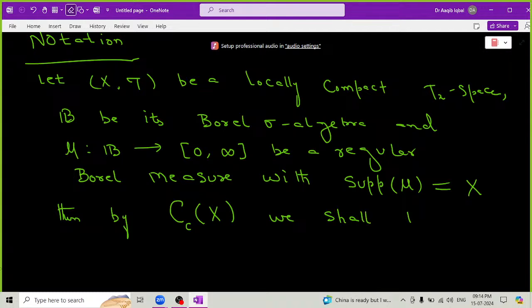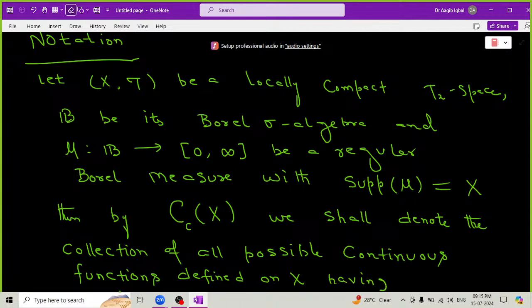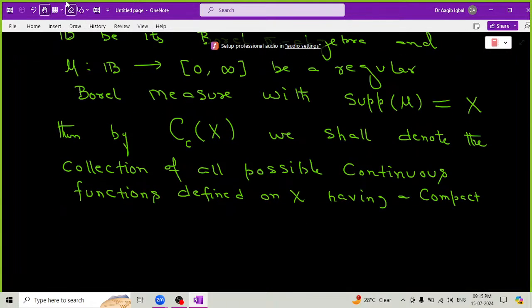We shall denote the collection of all possible continuous functions defined on x having a compact support. Having a compact support. Full stop.